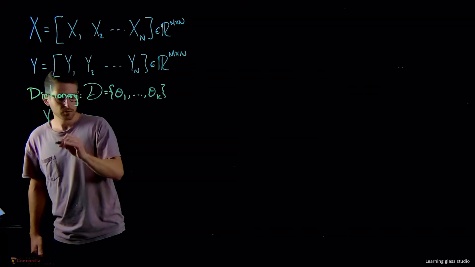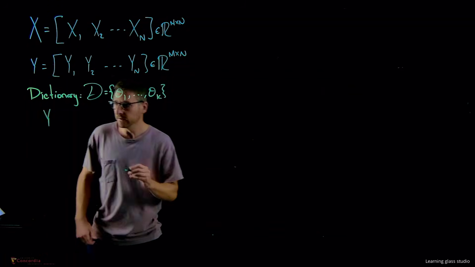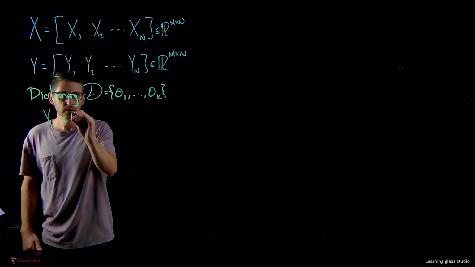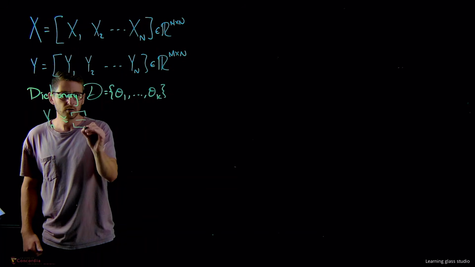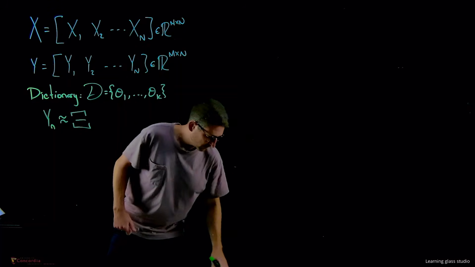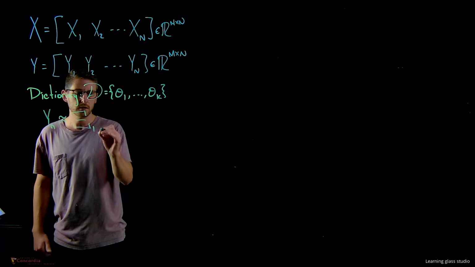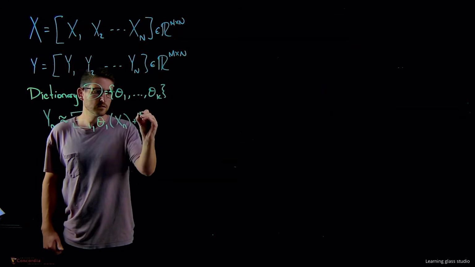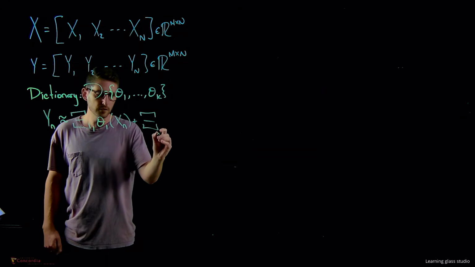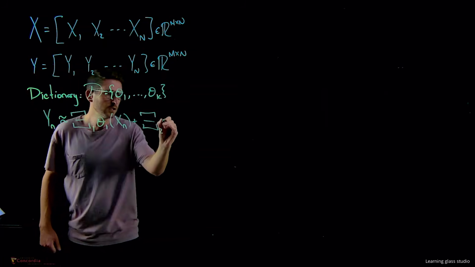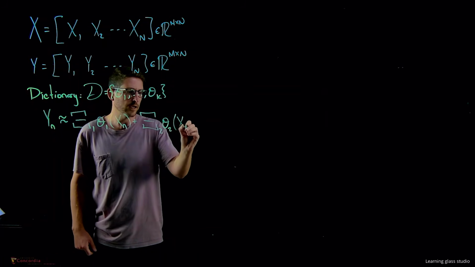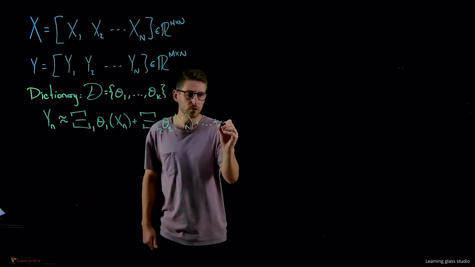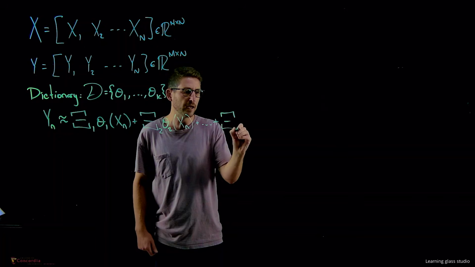It says, whatever is happening at time little n should approximately be a number, or in my case, maybe a vector, right? So we're using psi vectors. Theta1 of xn plus a vector times theta2 of xn all the way up, right? And really the goal here is to find those vectors that best fit this thing, right?